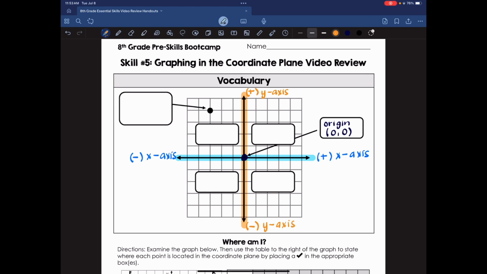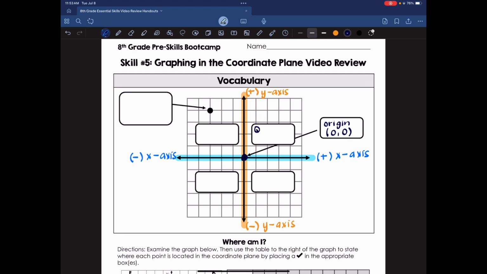Those two axes together create our 4 quadrants. This is not necessarily intuitive for most people, but we're going to label them. This first quadrant, where everything is positive, so you have the positive x-axis and the positive y-axis, is called quadrant 1.